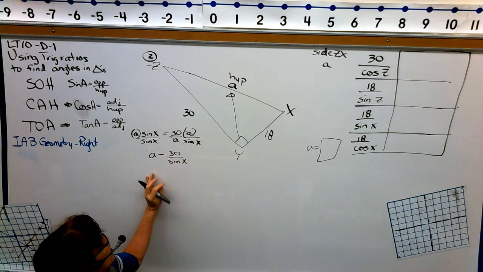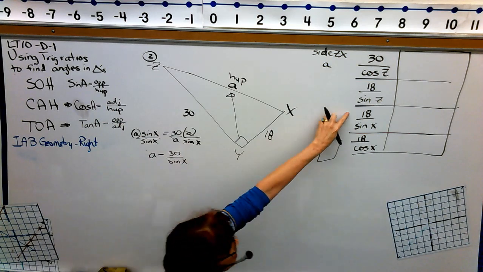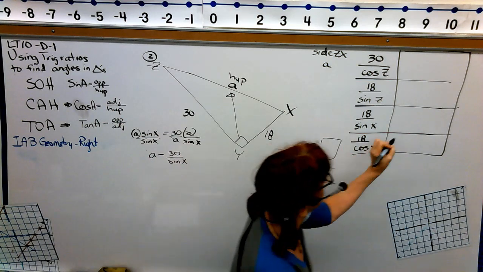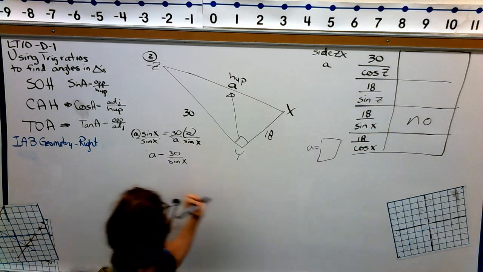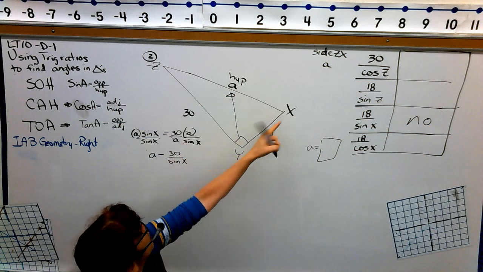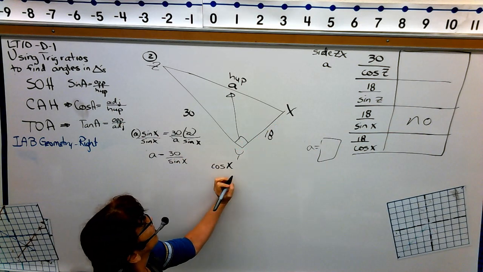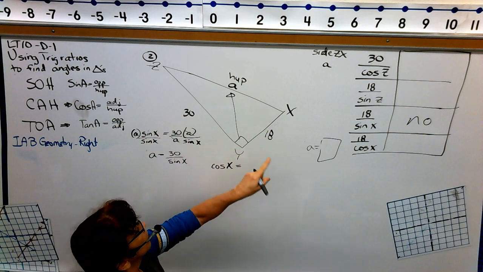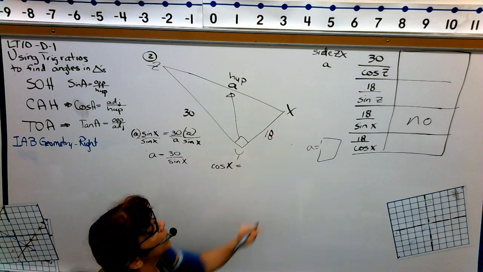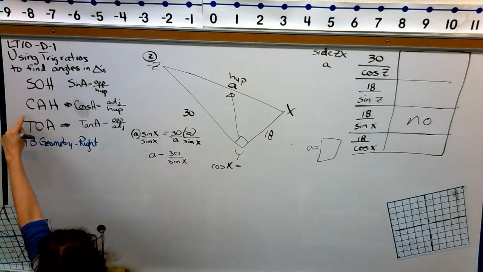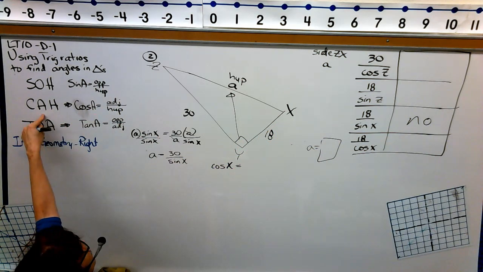So what if we were talking about the cosine of X? We're staying here at X. Which one is adjacent? Cosine is adjacent over hypotenuse. That's the CAH of SOHCAHTOA. So that's 18 over A. We're going to do the same trick to get A by itself.